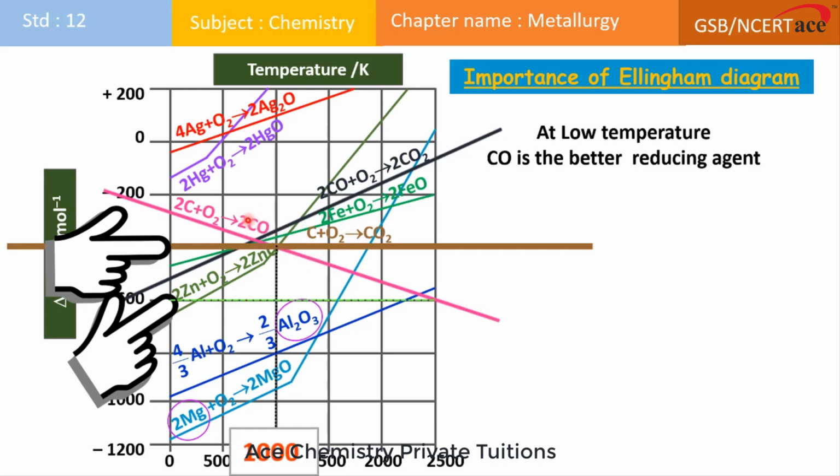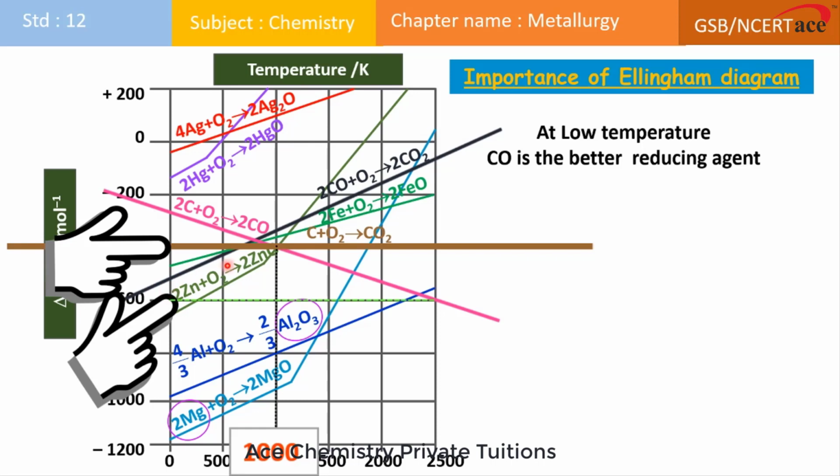For that purpose, we have to check the delta G naught value. The delta G naught value for CO is more negative. So the ease of formation of CO is faster as compared to CO to form CO2. That's why we say at lower temperature, before this point of intersection, this black line is occupying the lower portion of delta G naught.